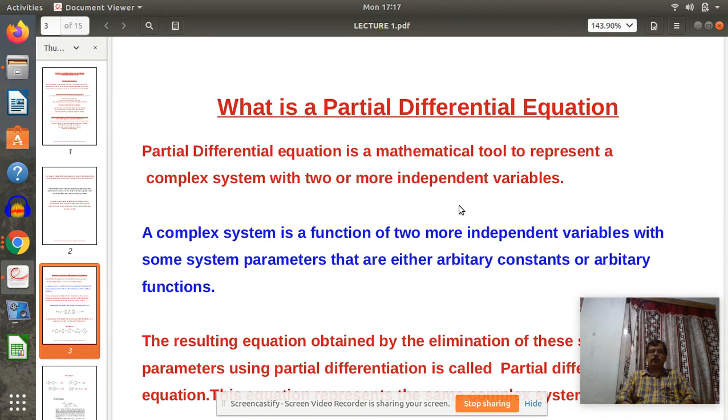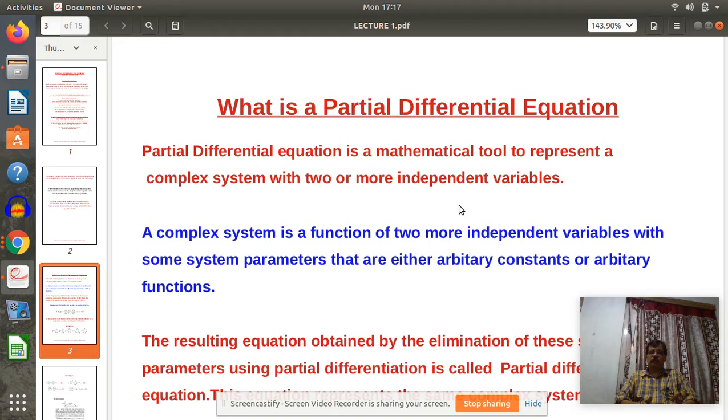So partial differential equation is a mathematical tool to represent a complex system with two or more independent variables. I think earlier we studied ordinary differential equations, where that is a tool to model physical systems having a single independent variable.